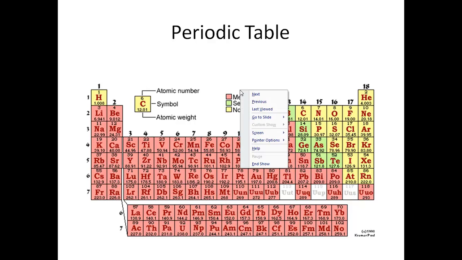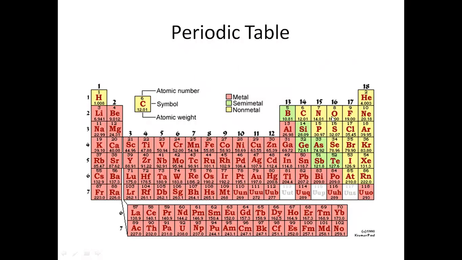So how do we find the gram molecular weight of oxygen? Well, we look at this lovely periodic table that you all remember. So here we have O. O is equal to 16 for the gram molecular weight. If we have O2, we're going to take 16 plus 16, which equals 32.